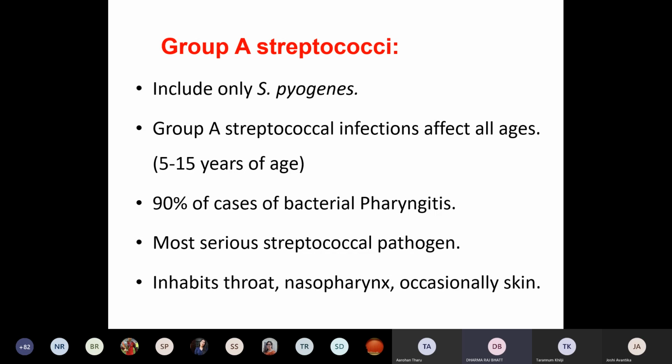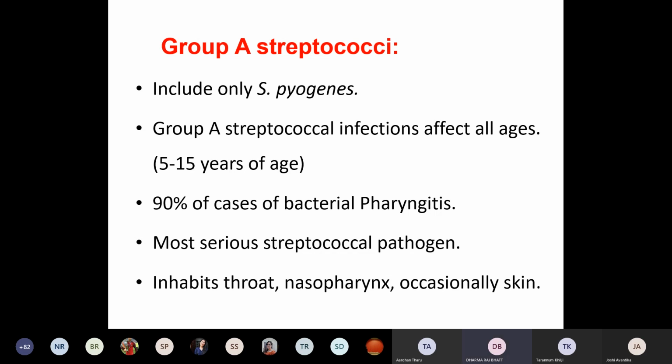There are different types of streptococci in the form of group A, group B, group C, and others. So the organism associated with today's condition belongs to group A streptococci, and the important species responsible is Streptococcus pyogenes.